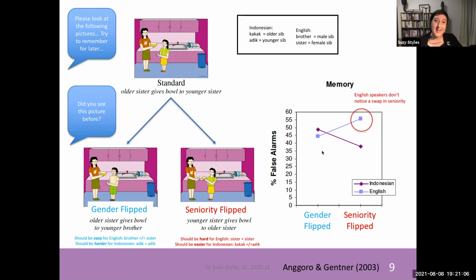And what we can see is, for English speakers, we have an upward slope where they were much worse at correctly identifying that they had not seen a seniority variant before than they were at detecting a gender variant was not one of the images that they had seen before. And we see the exact opposite pattern for the speakers of Bahasa Indonesia. For the speakers of Bahasa Indonesia, we saw more errors for the gender flipped than for the seniority flipped case.